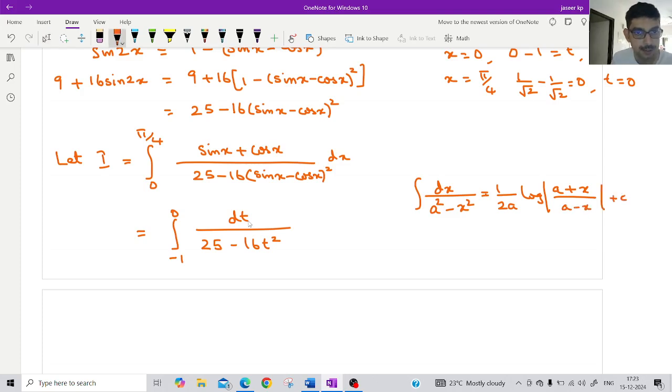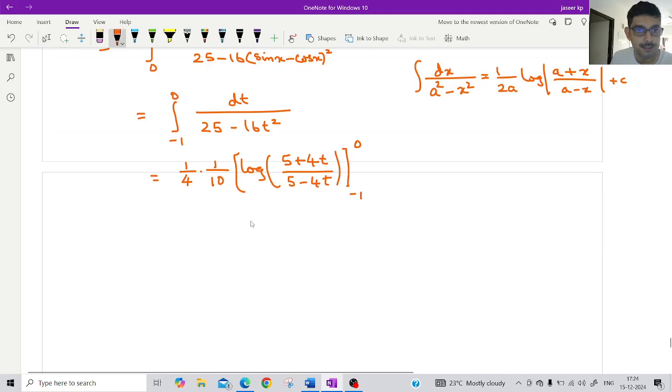So this can be written as, because it is 4t square, 1 by 4 will be coming, then a is 5, so 1 by 10, then log of 5 plus 4t divided by 5 minus 4t, and the limit is from minus 1 to 0. So that is 1 by 40.